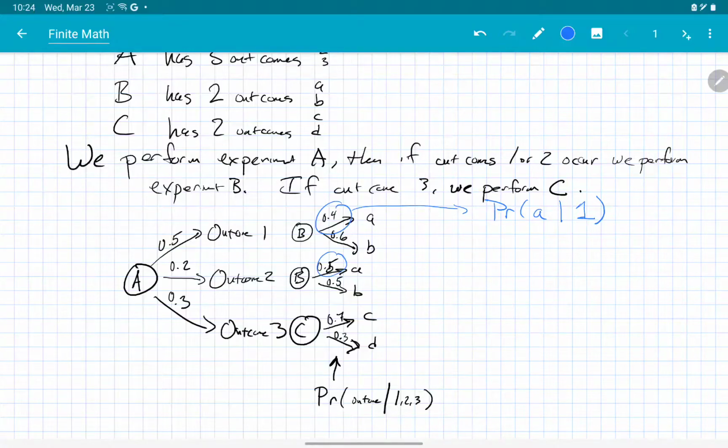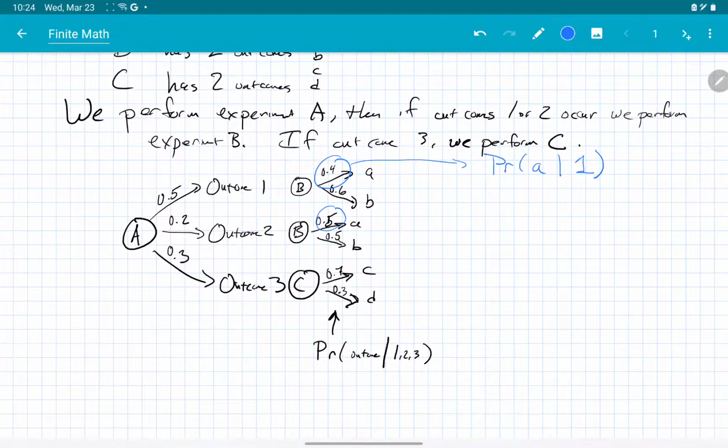Okay. So as you move through these tree diagrams, the probabilities are conditional probabilities. Now, of course, if things happen to be independent, then the conditional probabilities are the same as the raw probabilities. But if we have dependence possible, these conditional probabilities will change.